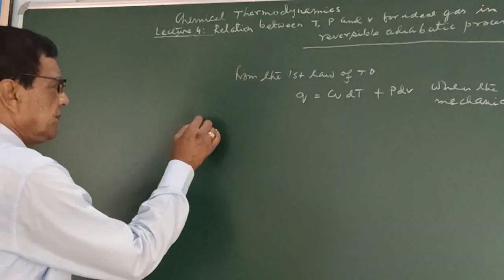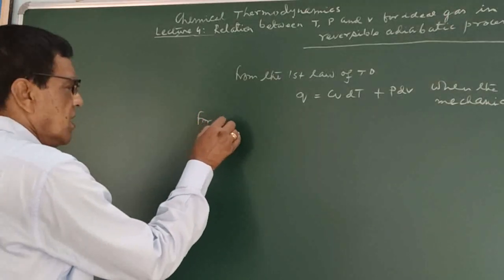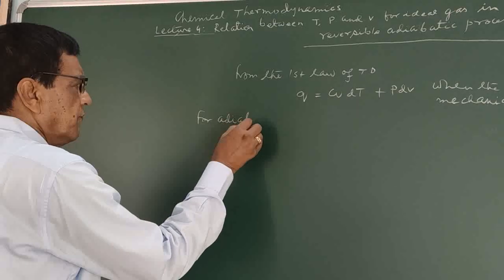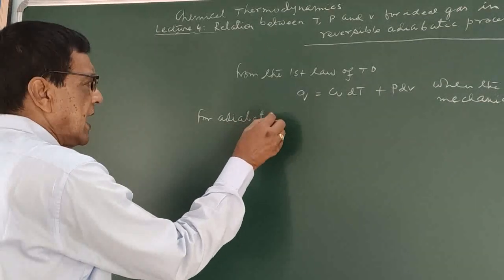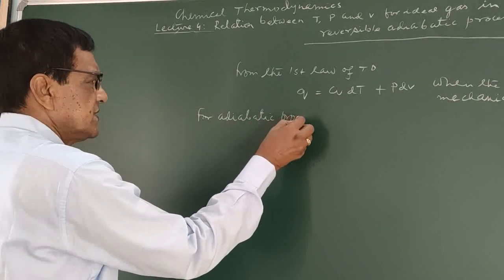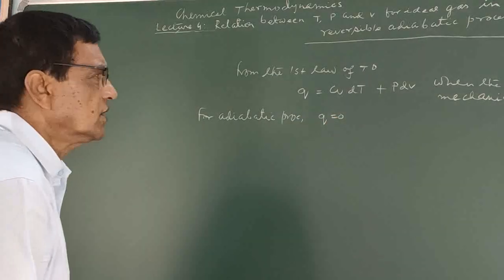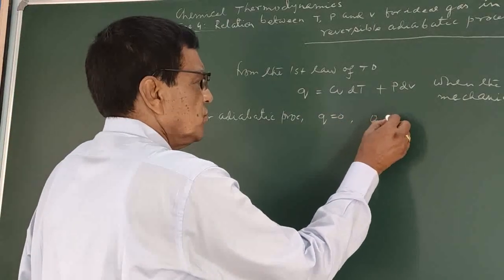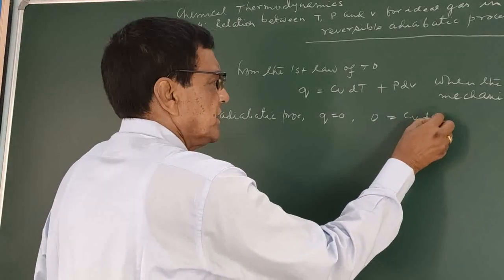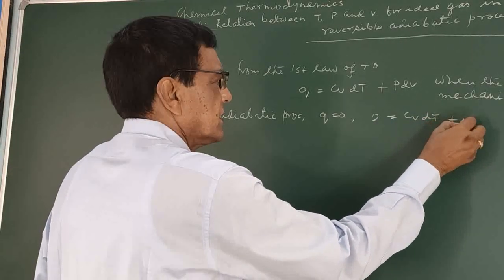For an adiabatic process, Q equal to 0. So 0 equal to Cv dT plus PdV.